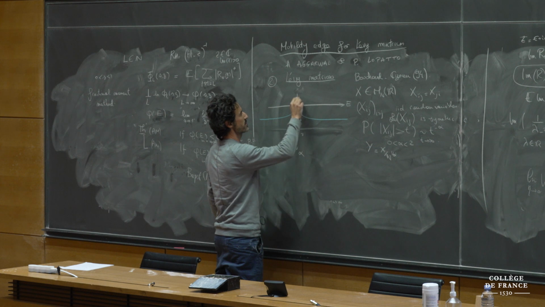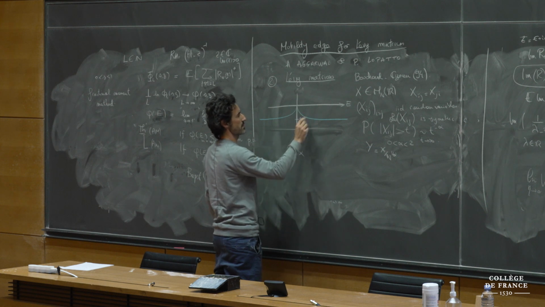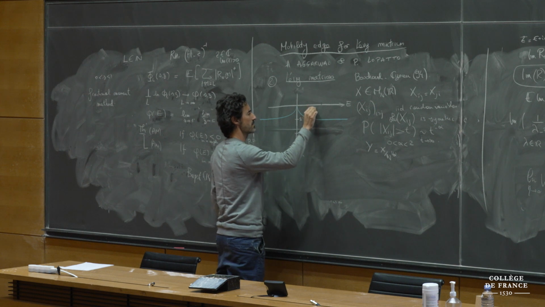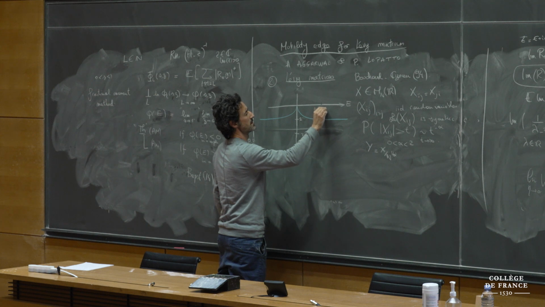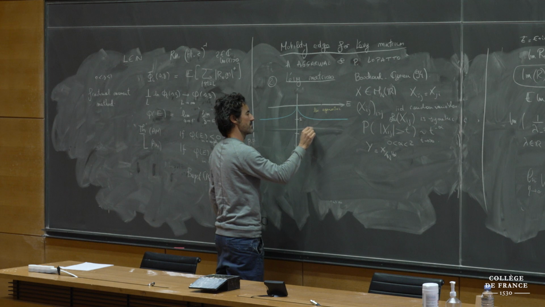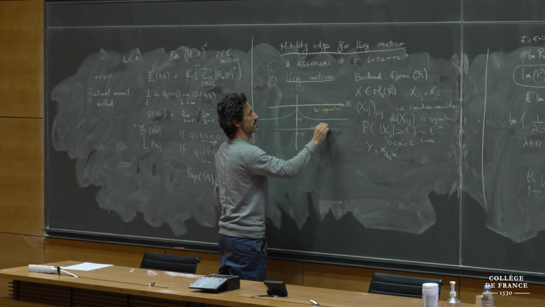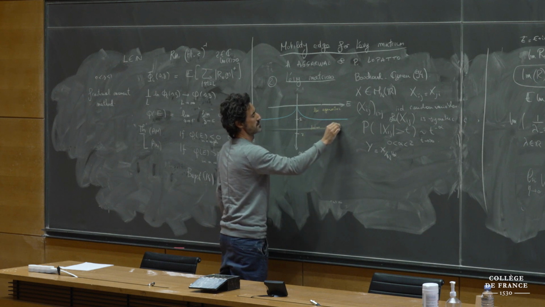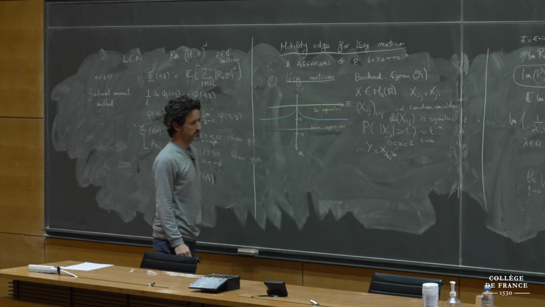They say that if you fix some alpha and some energy level E, the corresponding eigenvectors here will be localized, and here you will have delocalized eigenvectors, in a sense which I will not be very precise about.